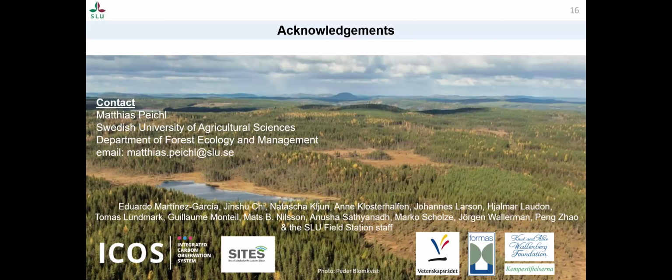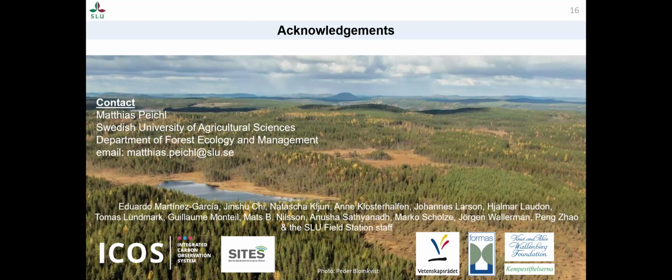But the error shown in these figures is also due to interannual variation that has been averaged over 3 years. And at the landscape scale, for the total eddy covariance measurements, the uncertainty is based on Monte Carlo exercises, resampling, just as we do for the conventional eddy covariance method.